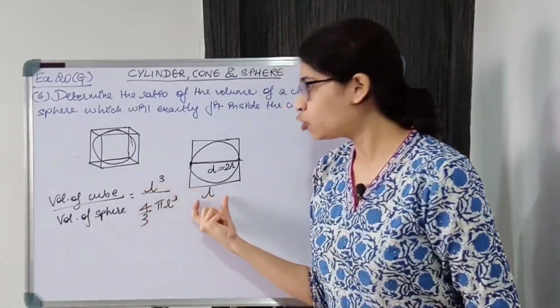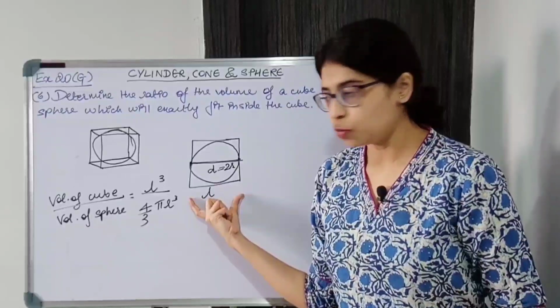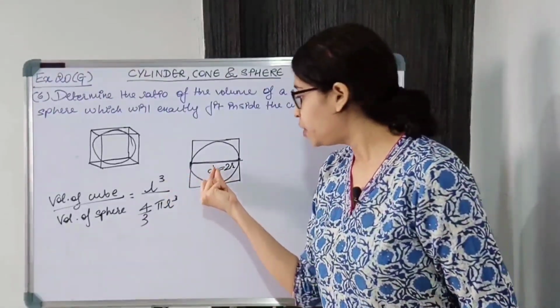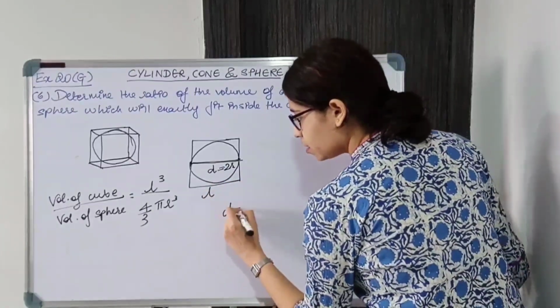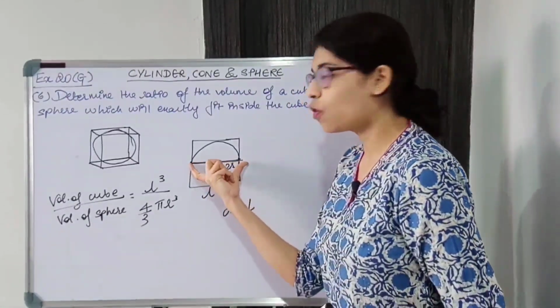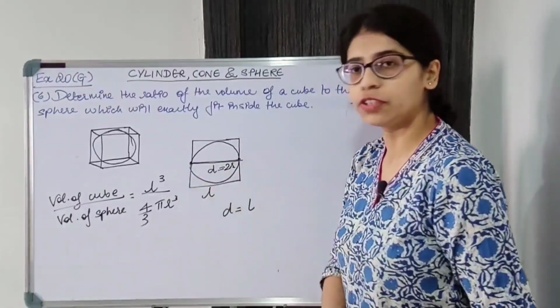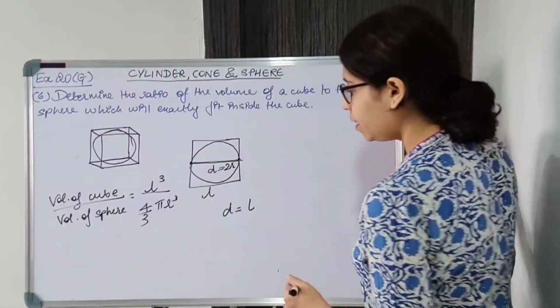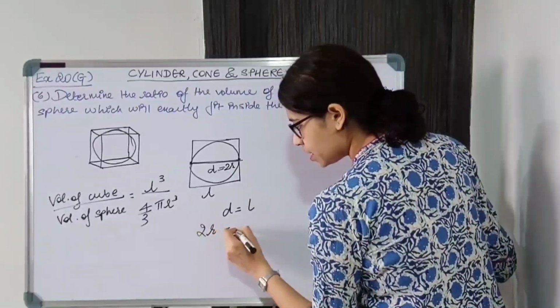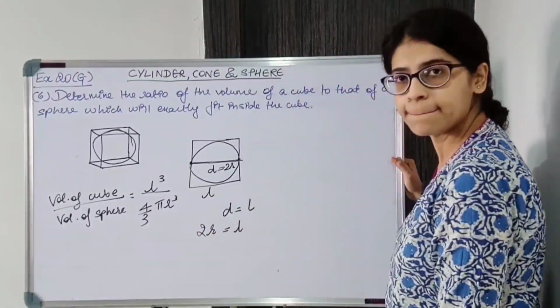L is the length of the cube, and we have to build up a relation between L and R. We know D is equal to L, correct? Diameter of this sphere is equal to the length of the cube, and that means 2R is equal to the length of the cube.